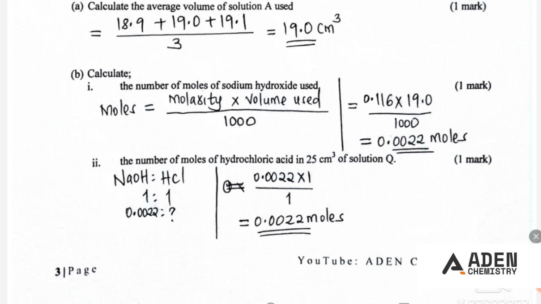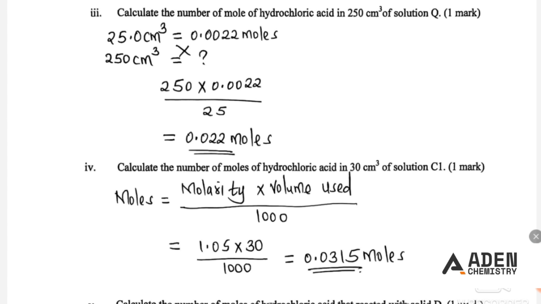We know the number of moles of sodium hydroxide that reacted with solution Q. It is 0.0022 moles. What about hydrochloric acid? We cross multiply. We are going to get 0.0022 multiplied by 1 and divided by 1. It will be the same, 0.0022 moles of hydrochloric acid. That is solution Q.